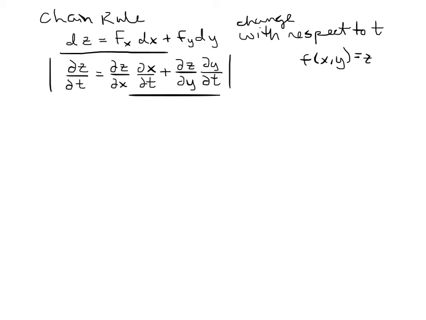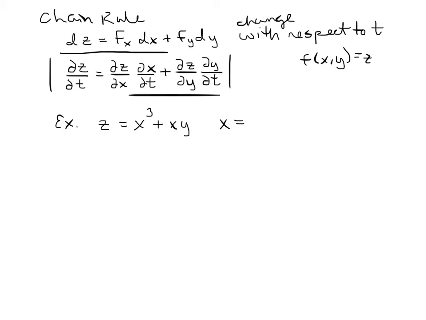So as a pretty simple example with this, let's just say that a function z is equal to x cubed plus xy, and then let's say that x is an intermediate variable.